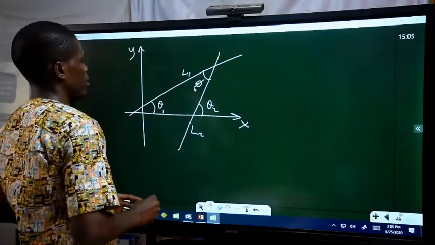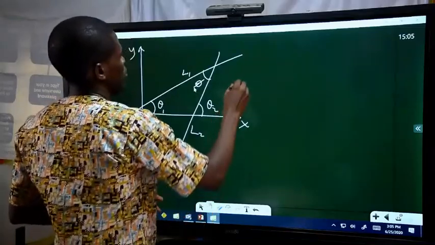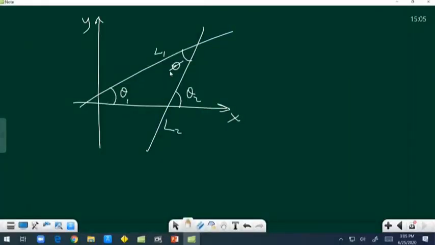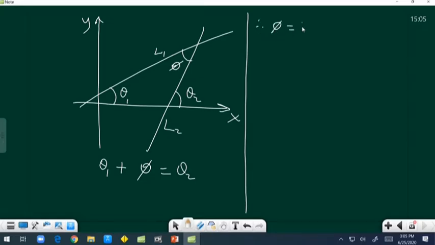Using the geometric concept, we know that the sum of the interior angles is equal to the exterior angle. Therefore, theta 1 plus phi is equal to theta 2. That means we can make phi equal to theta 2 minus theta 1.